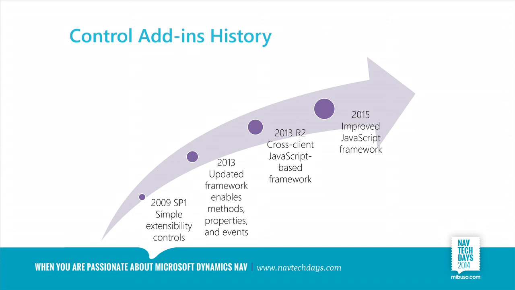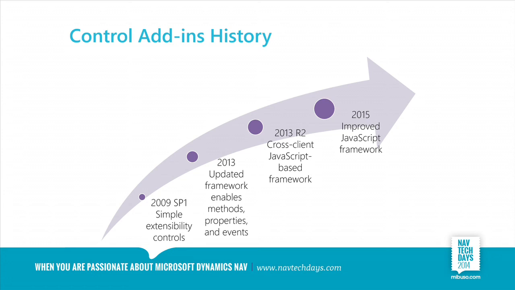There were a lot of limitations with that framework, but it was a fairly good proof of concept. And Microsoft delivered some pretty advanced control add-ins which used that specific framework. In 2013, we got an updated framework which allowed us to expose methods, properties and events from our control add-in and bind the events to the control add-in, etc.